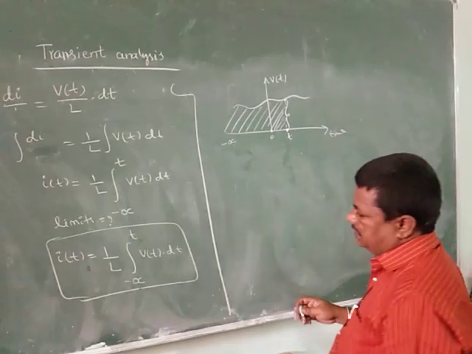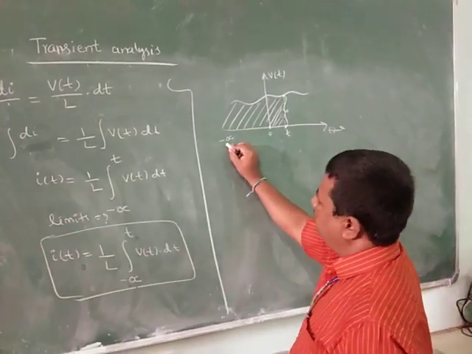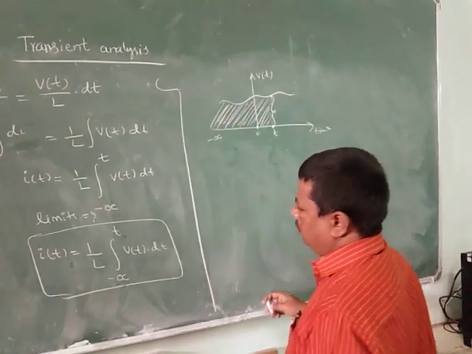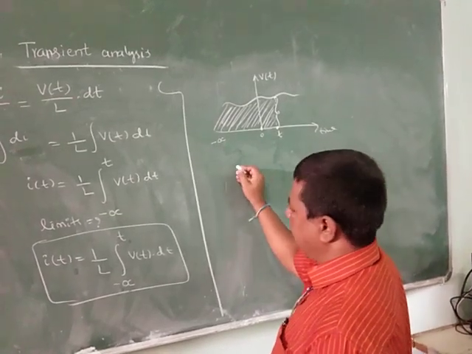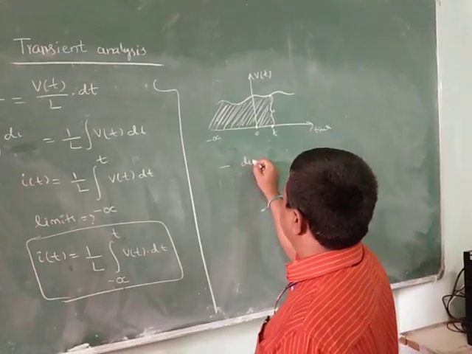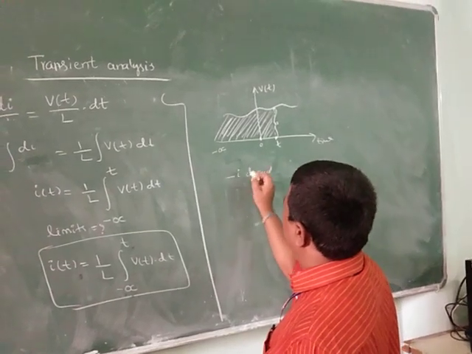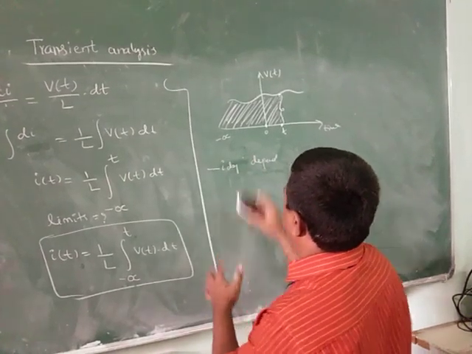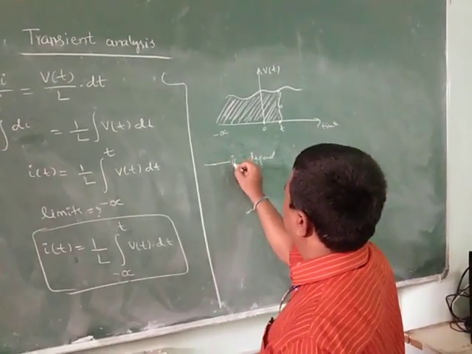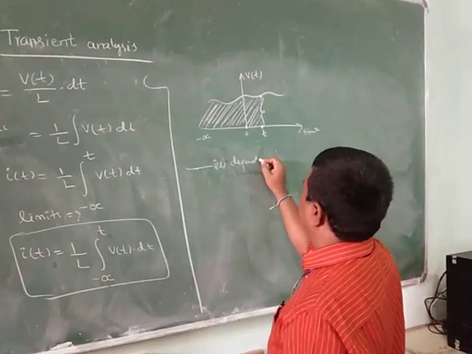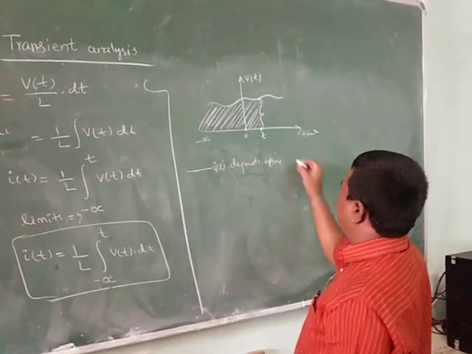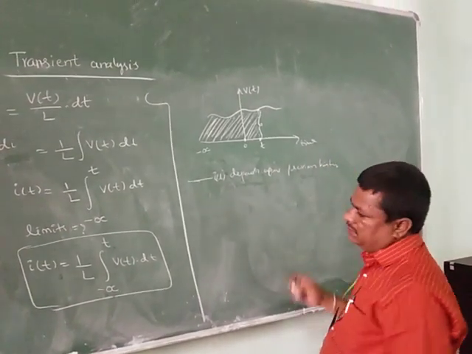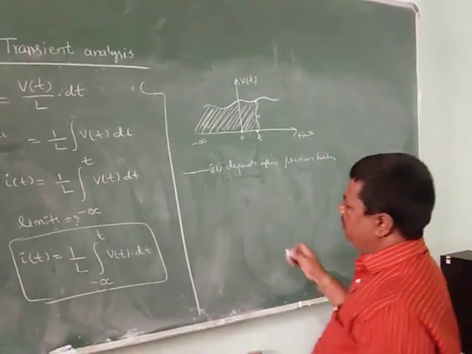The current in an inductor depends upon the previous history, the previous voltages.